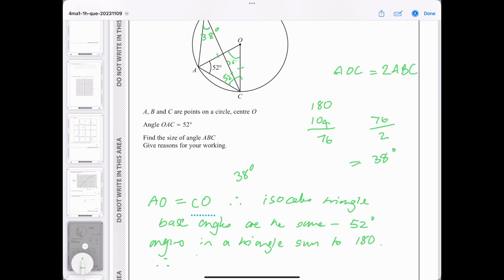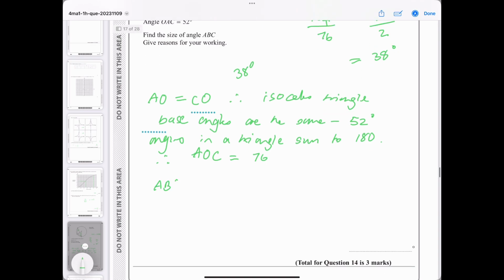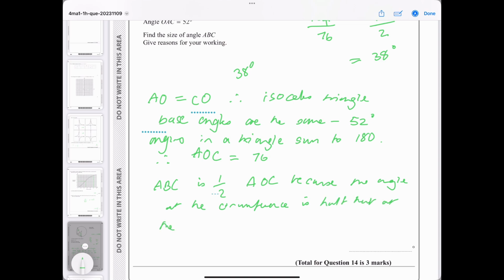Therefore AOC equals 76, and ABC is half of AOC because the angle at the circumference is half that at the centre for something that subtends, some sort of subtending a chord.